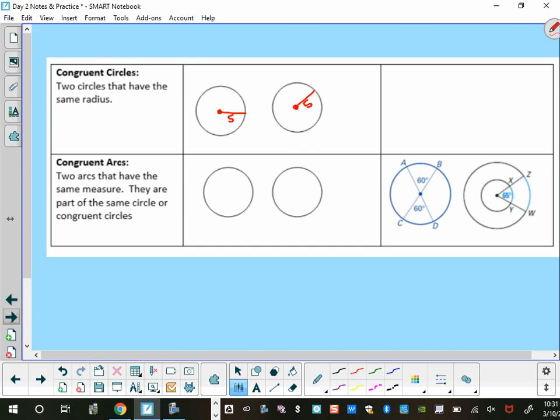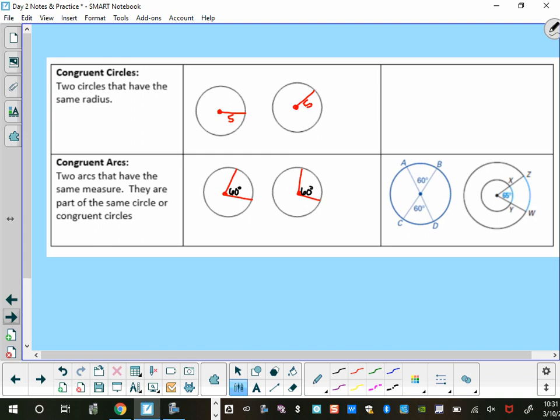All right, congruent arcs. Two arcs that have the same measure. So let's draw the center. I'm going to make a little angle here. Let's say this is 60 degrees, my angle.